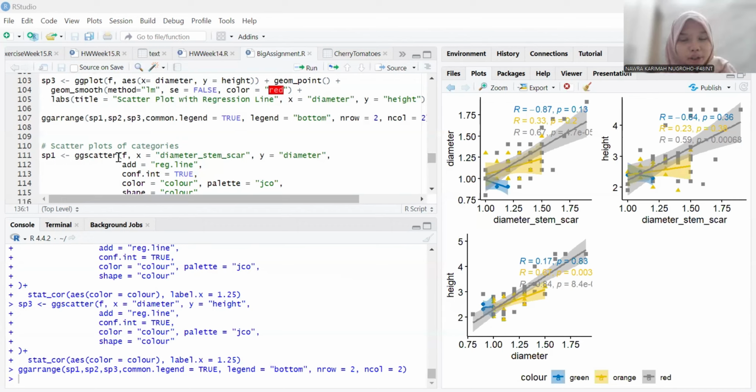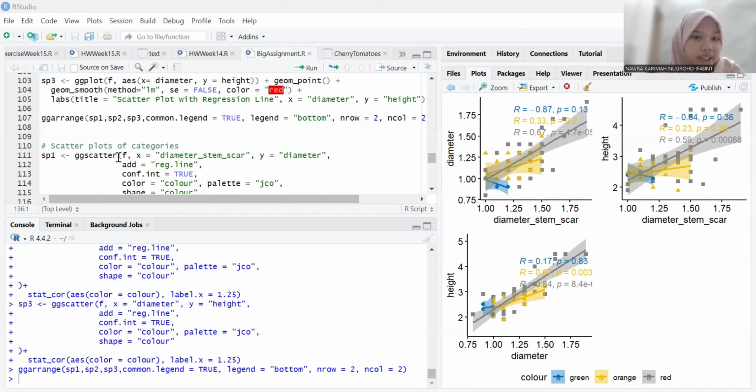It is similar to the previous scatter plot, but this time it is categorized into 3 categorical variables, which consist in the dataset, which are the colors of the tomatoes. And with the scatter plot, it helps me visualize and understand better the correlation between the color of the tomatoes and its dimension.